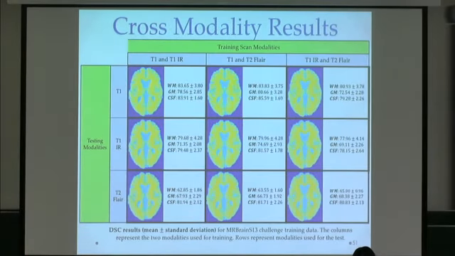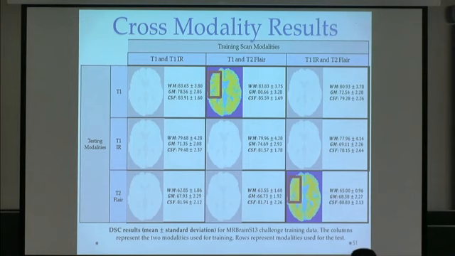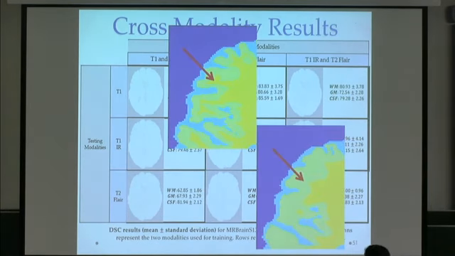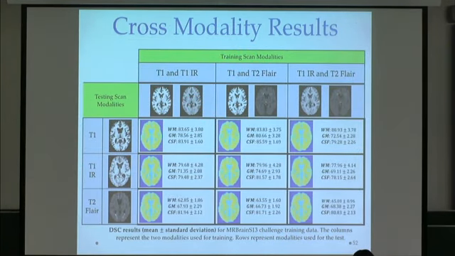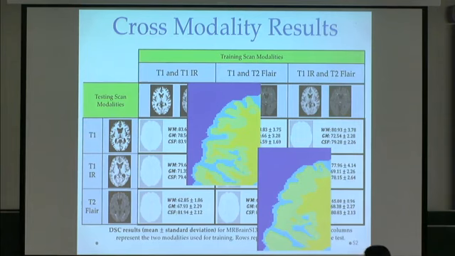And here are some cross-modality examples. Okay, and here you can see the segmentation. Obviously, there are some modalities that are more informative from the other, but still, this is a difficult task.